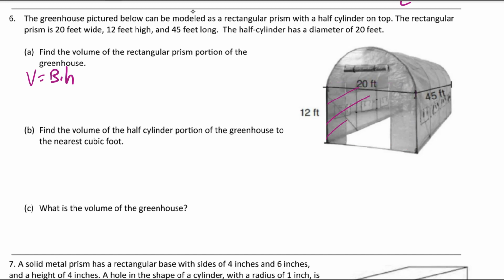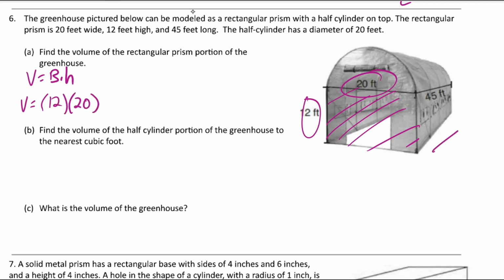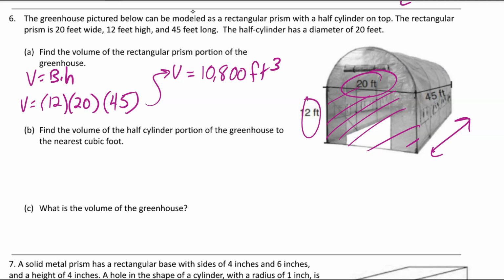But to find the area of, let's just say, this front base right here, it's just a rectangle. I could do length times width, 12 times 20. And I could multiply it by the height, which is how far that rectangle goes back, and that's 45 feet. So the total volume of just the bottom part is 10,800 feet cubed.